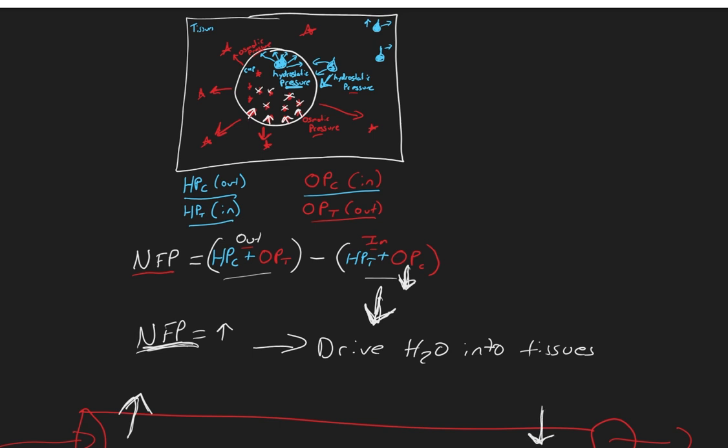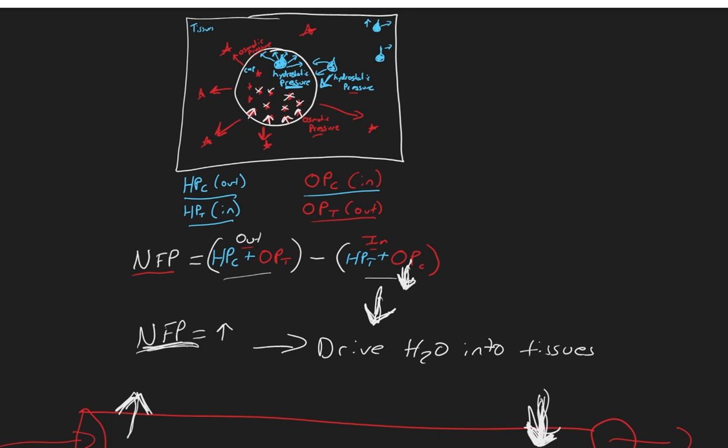So what you need to think about is how these pressures look on the arterial end and how they look on the venous end, because it can impact not only the drive of fluid out of the blood vessels, but also the drive of fluid back in. So osmotic pressure in the capillaries, this inward pressure, helps with bringing that fluid back in down here on the venous end.